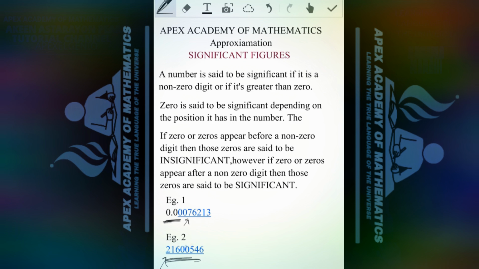So these zeros in this case, based on their position, are indeed significant, which means that if I were to remove one or both of those zeros, it will actually decrease the value of the number. All right, so that is how you can determine if 0 or zeros are insignificant or significant. All right, good. So I hope you got that concept.